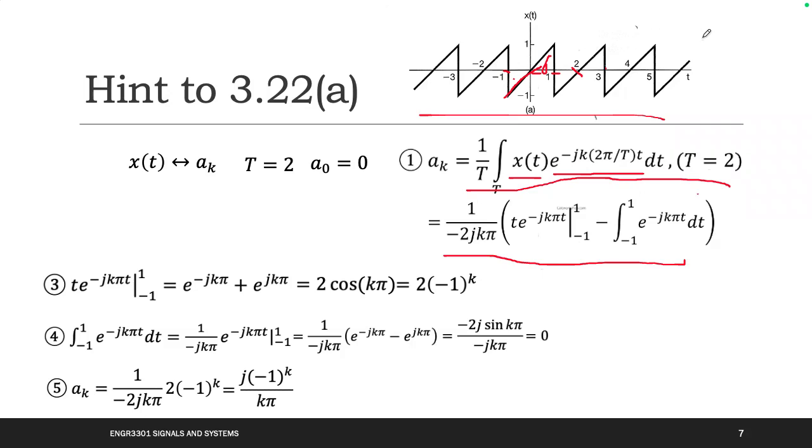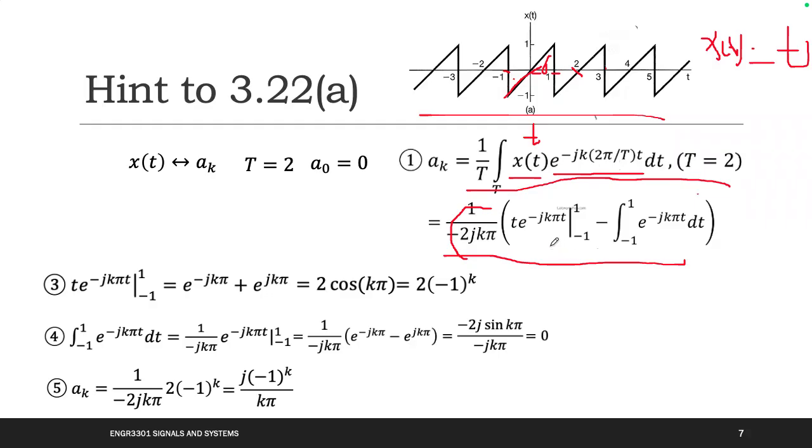Actually, if you write it down, xt equals t. So you can write this equation, t multiplied by e to the negative j blah, blah, and then you can put this part out.